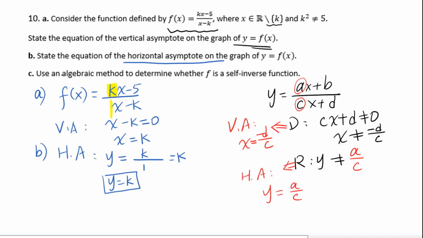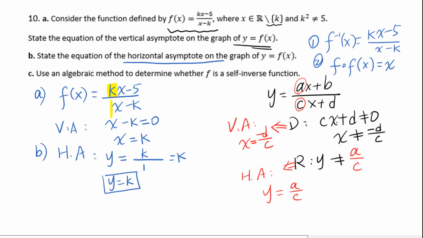For part c, use an algebraic method to determine whether f is a self-inverse function. You can use a definition: figure out the inverse equals kx minus 5 over x minus k. Or you can work on f of f of x equals x.